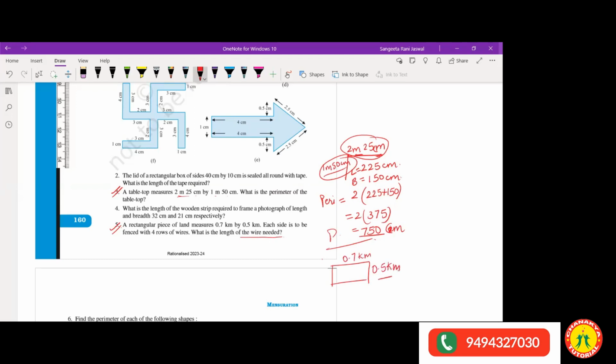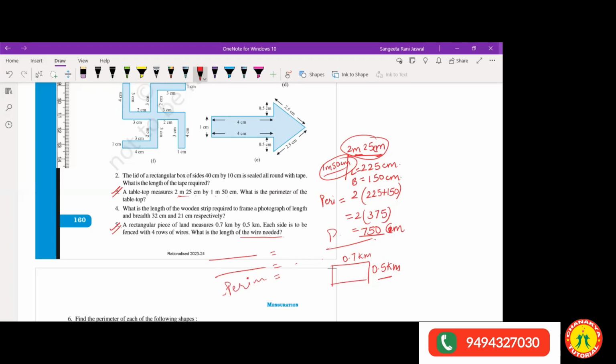See, when you are doing these questions, you have to do with a statement. Please write the statement. What is the length given? What is the breadth given? Do we convert this 0.7 and 0.5 kilometer into meters? It's not necessarily required because both have the same units.